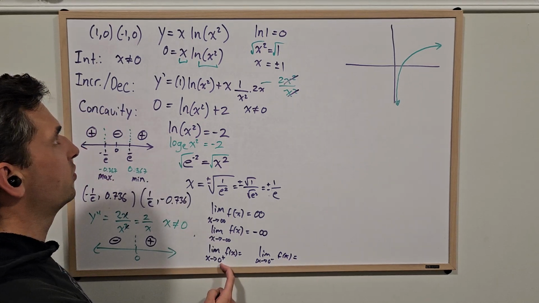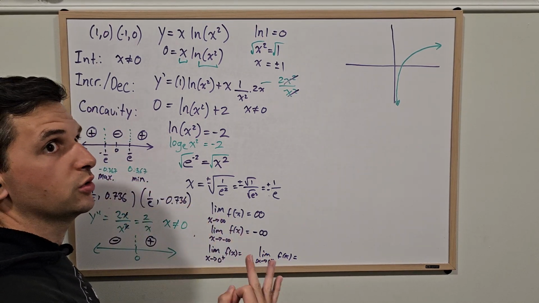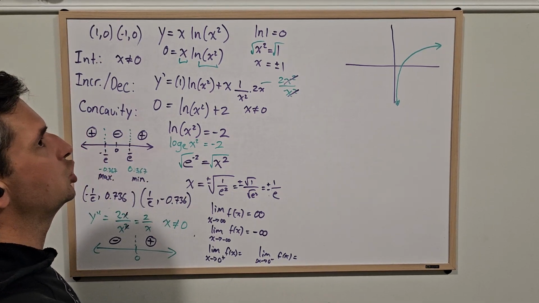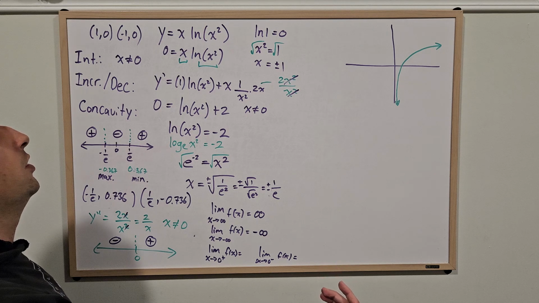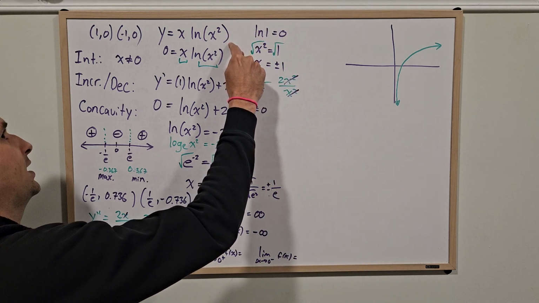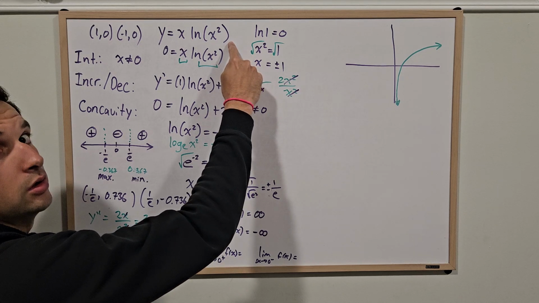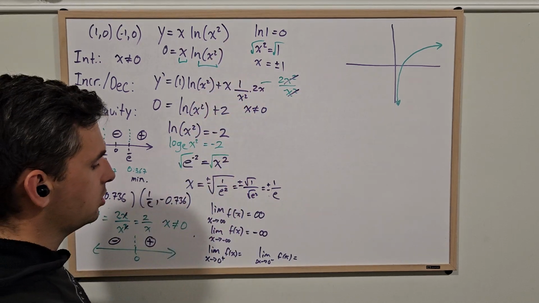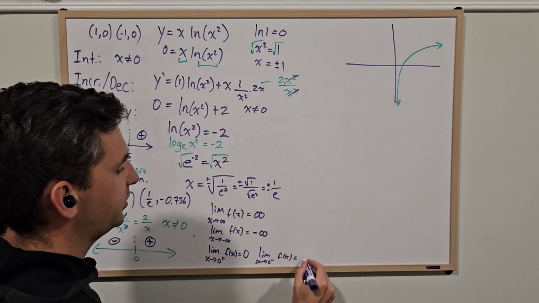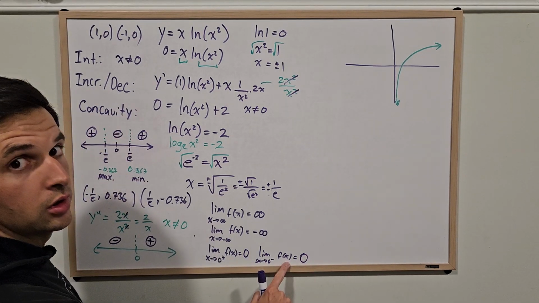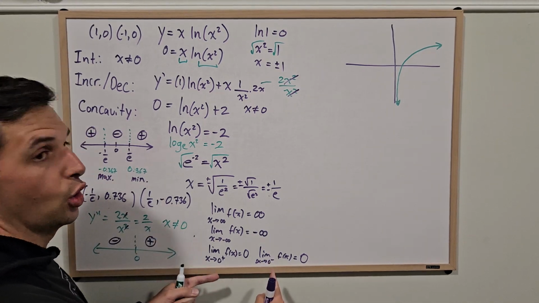As x approaches 0 from the right-hand side, you want to plug in a value that's positive but really, really close to 0, like 0.01 or 0.1. You'll see that you will get a number that is really, really small. If you plug that into your calculator, from the right-hand side, the limit is 0. From the left-hand side, the limit is 0 as well. So that tells us this is a hole.